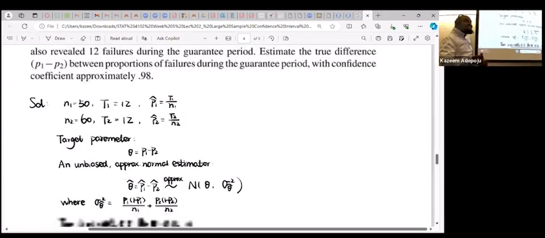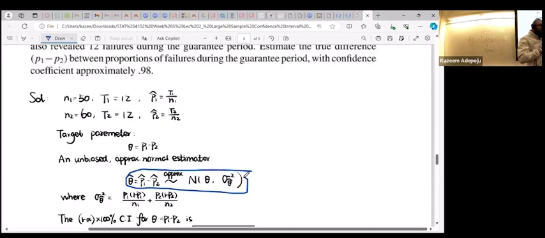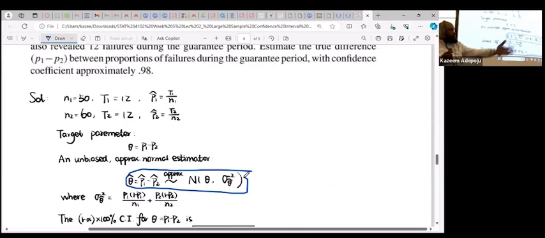And because the sample sizes, the numbers of refrigerators of brand A and B, are both greater than 30, the central limit theorem applies. That was the reason why I assume that the difference of the sample proportions will be approximately normally distributed, because the sample sizes from the two brands of refrigerator are each greater than 30.